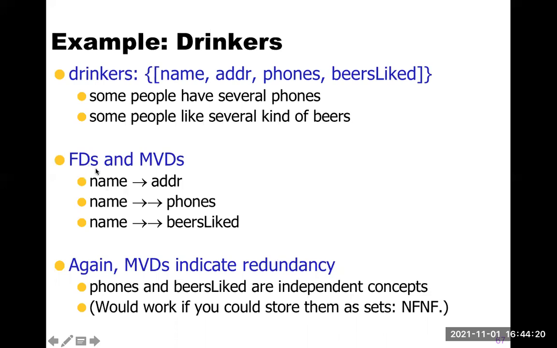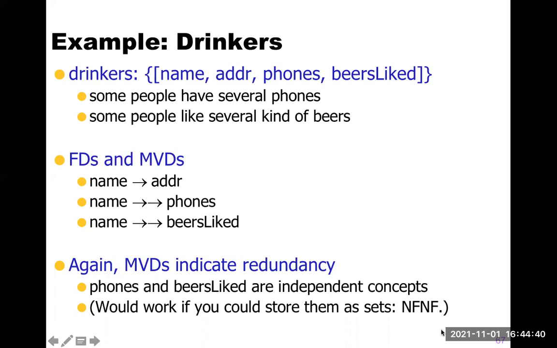So I have a functional dependency. Address depends on name, functional. For each name, I have a single address. And for each name, I have multiple phones and multiple beers. Essentially, phones and beers are independent.